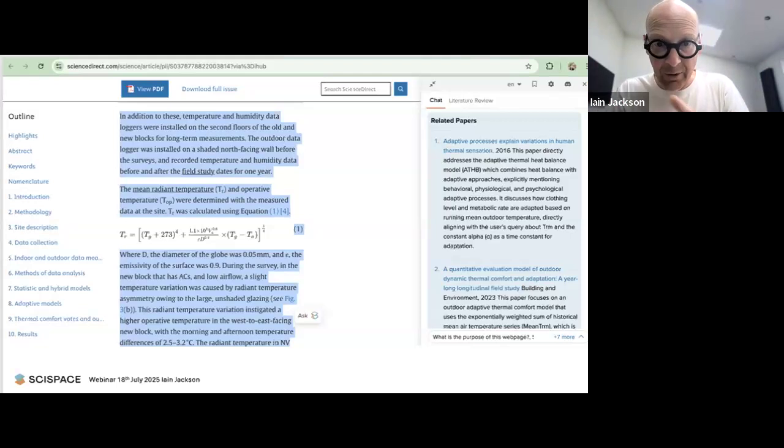It can do that as well. So here I've just highlighted that section again on the mean radiant temperature, and it's pulled up other papers that are related just to that concept. So that's really handy, very fast, and again, reduces friction and will help increase your success rate of finding useful papers.